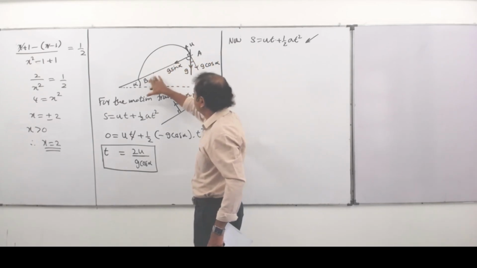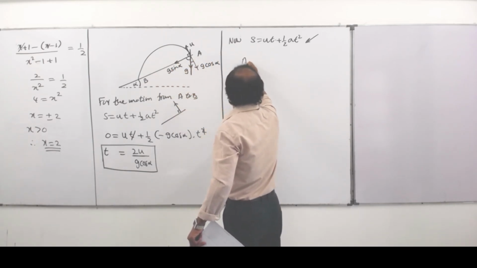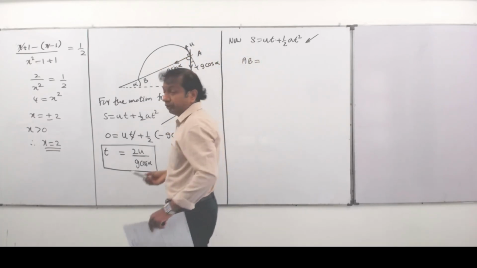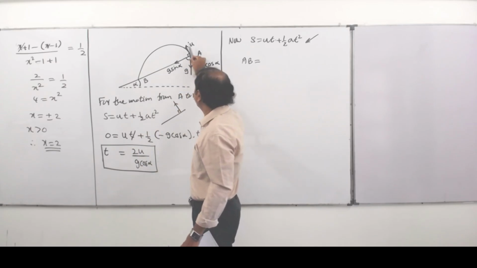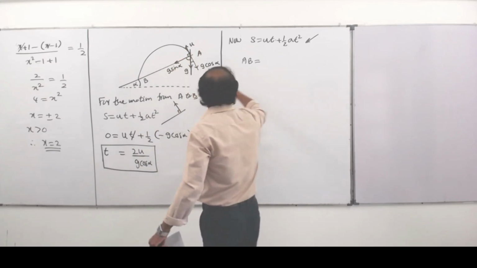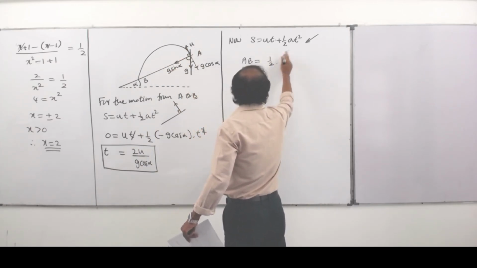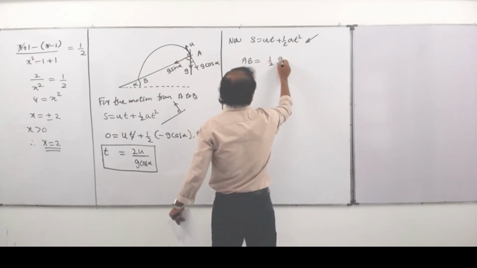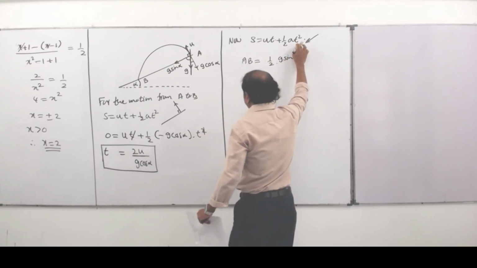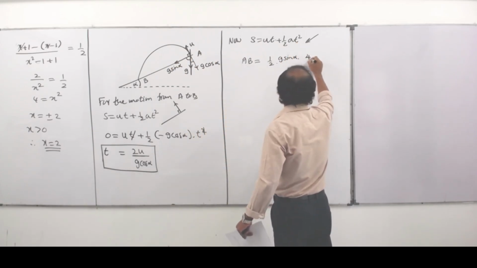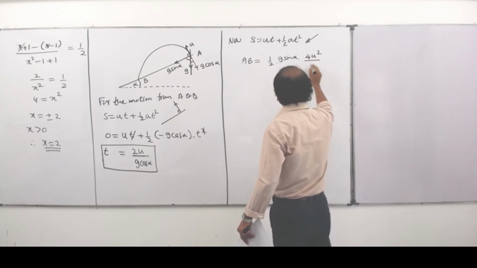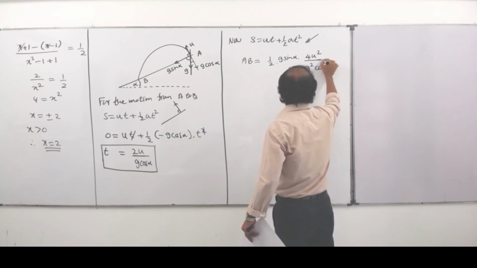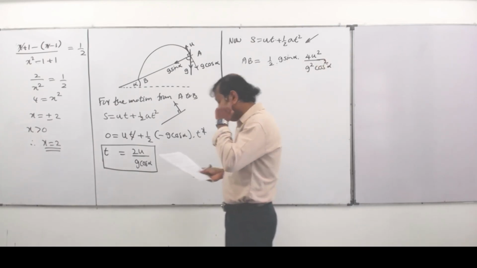The displacement along the plane is going to be AB. The initial velocity along the plane down is u cos 90, which is 0, because the velocity is perpendicular to the plane. Then half g sine alpha times t squared, where t is the time we found, 4u squared divided by g squared cos squared alpha.